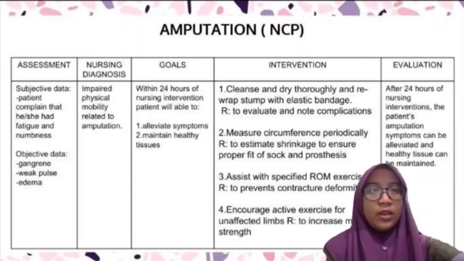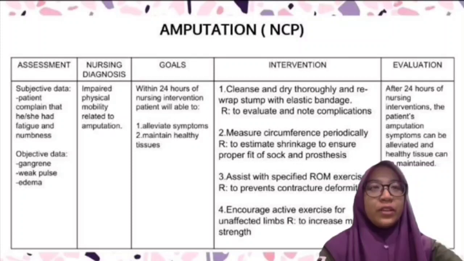Number 4, encourage active exercise for the unaffected limb. The rationale is to increase muscle strength. Number 5, instruct the patient to lie in prone position, recumbent, Fowler's every 2 hours. The rationale is to prevent flexion contracture of the hip.